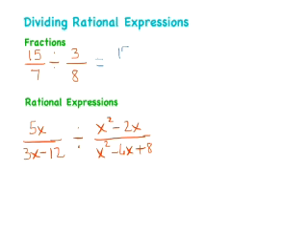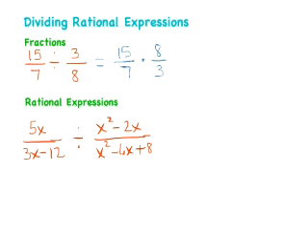Instead, we change our division into a multiplication problem by multiplying by the reciprocal of the second number. So if I change my 15 over 7 divided by 3 over 8 into 15 over 7 times 8 over 3, I can now work this problem to get the answer.